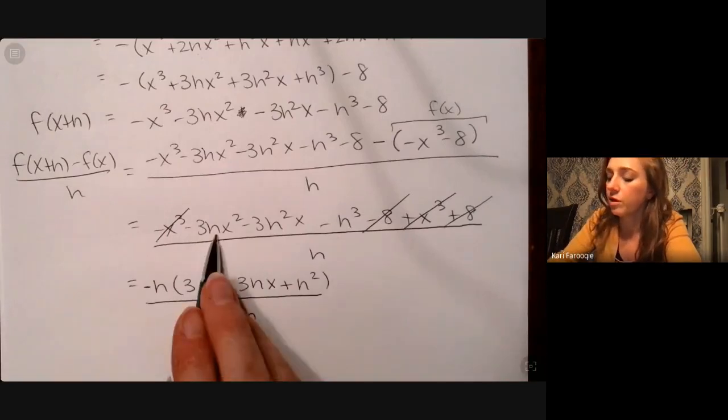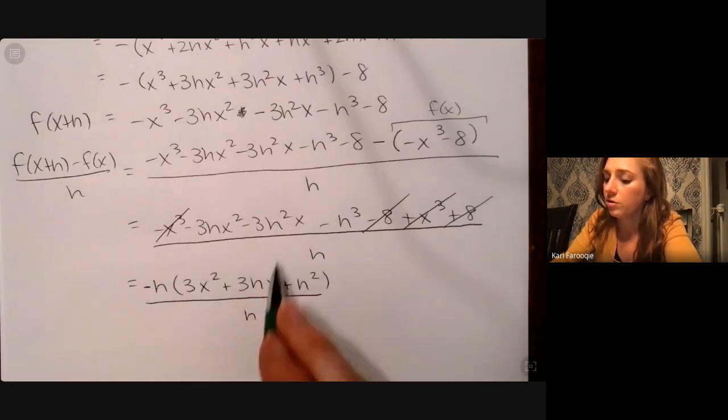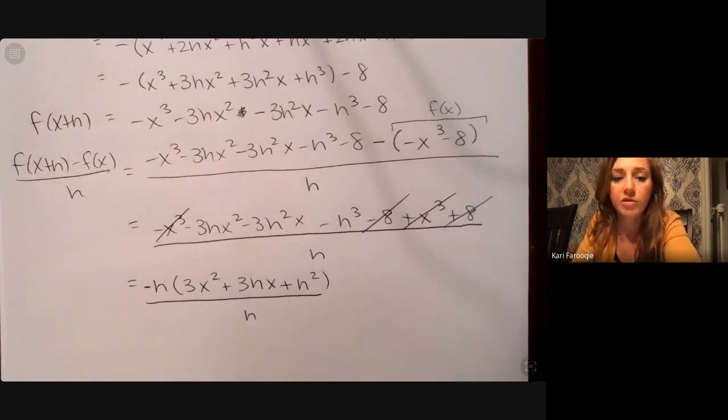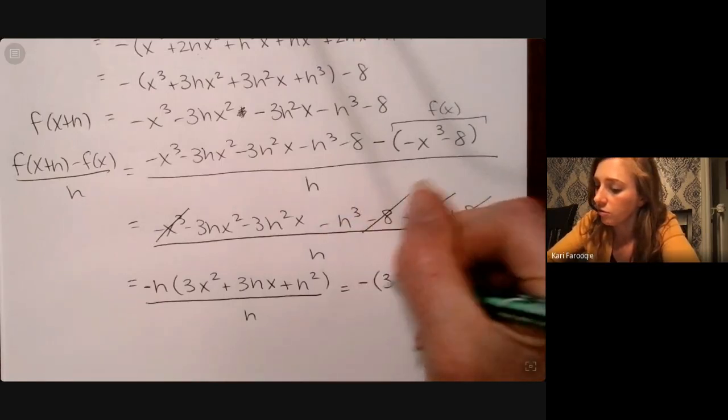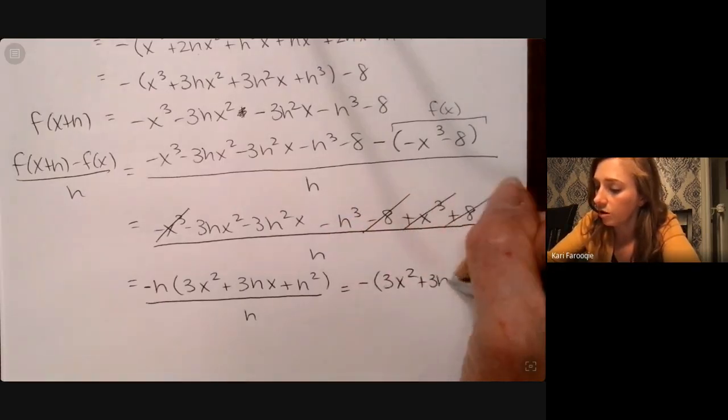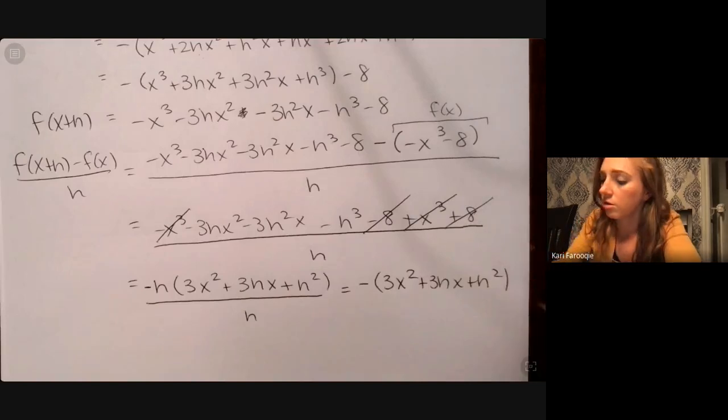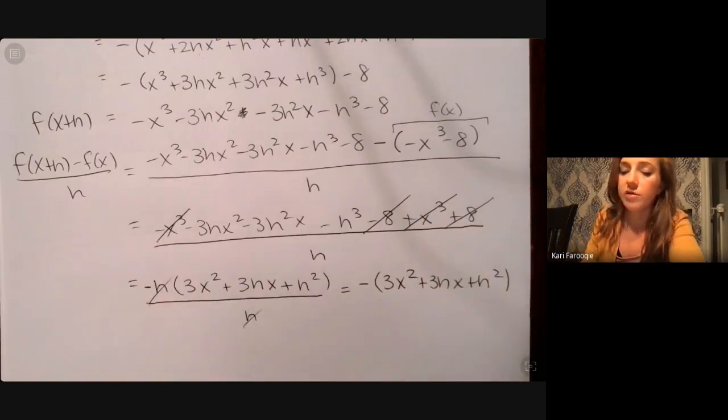All right, so that was one h, bye-bye, another h, another h. And then I took out the negative, so all the signs swapped. And this is just going to be negative 3x squared plus 3hx plus h squared. And the h's here cancel.